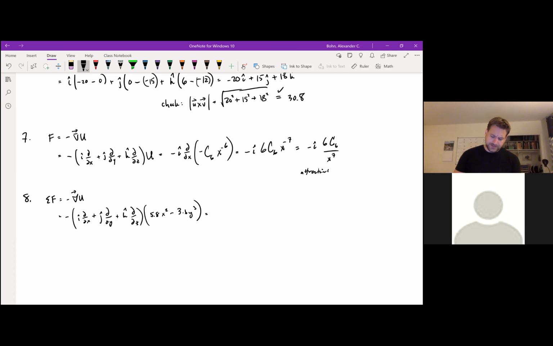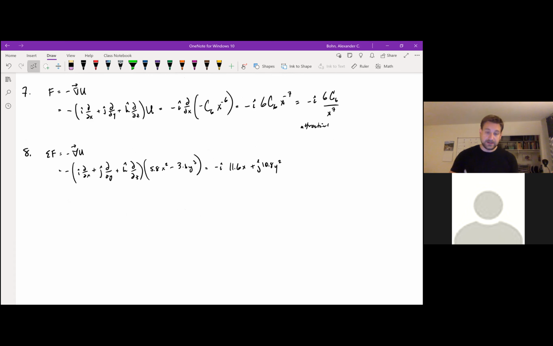Which means we get negative I hat (11.6x), (3) comes down, 10.8 y squared j. Okay, so that's the force.